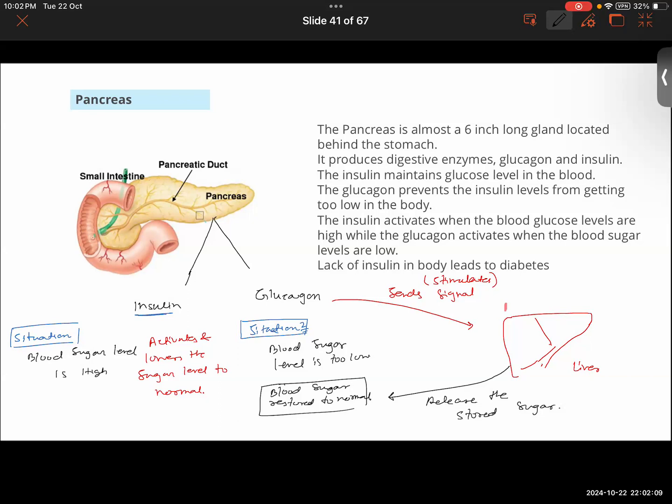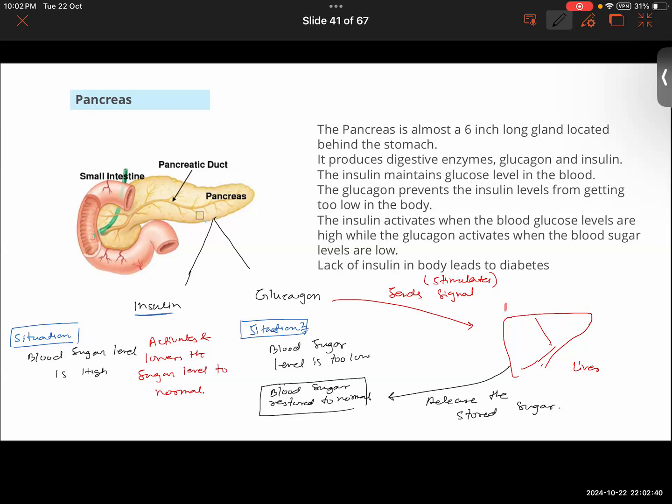Suppose someone is fasting, if the blood test has been taken during fasting, when you are on an empty stomach and have not eaten anything. If you get the blood sugar checkup done, it will be about how much? While you are fasting, it will be between 80 to 100.